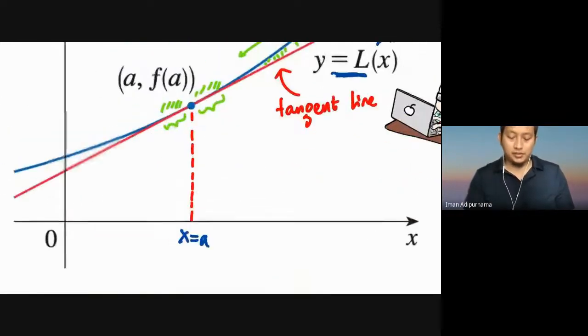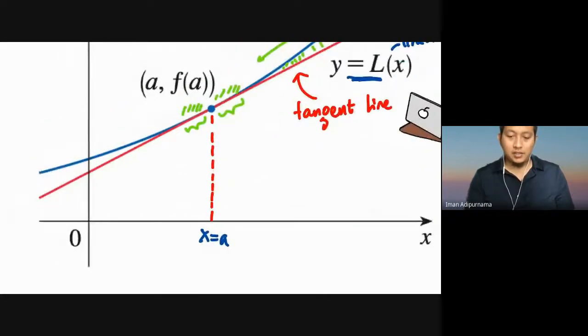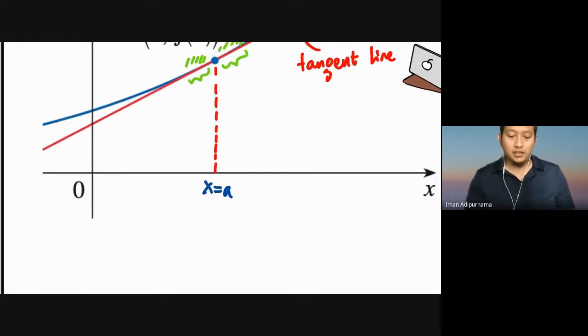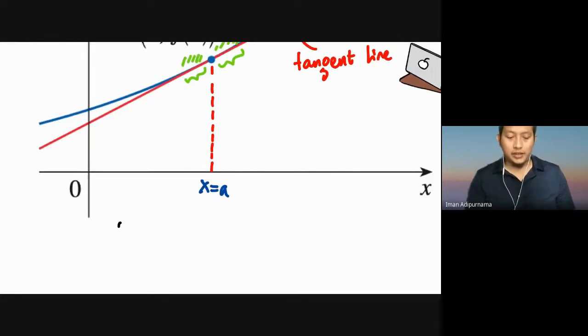For example, let's say f of x is the square root of x, and our a is maybe 4.